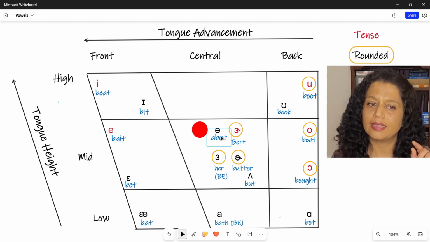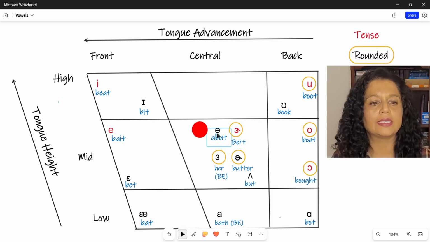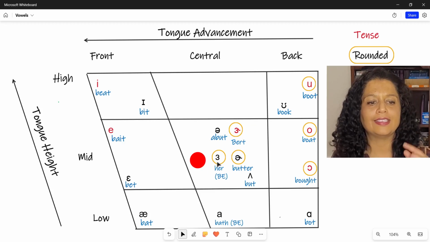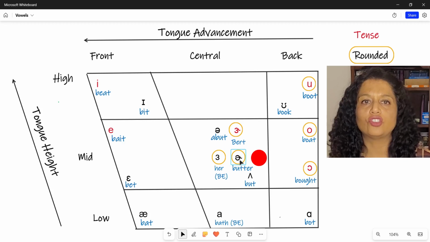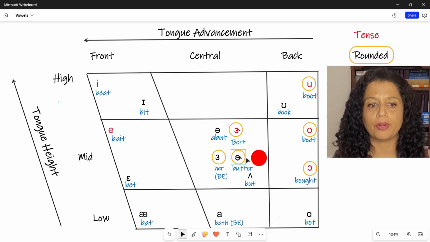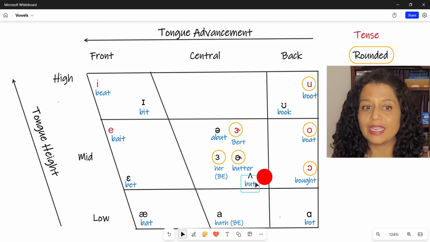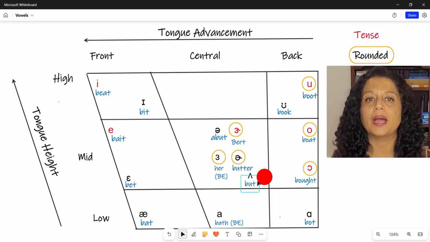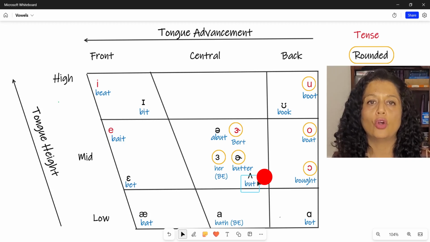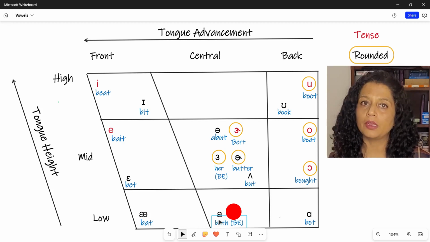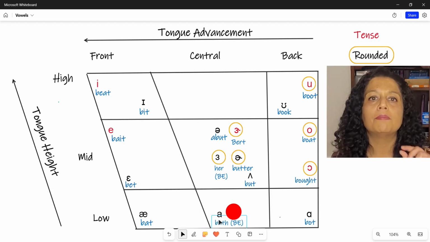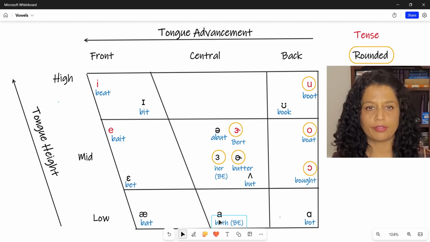Okay, abut, that first unstressed, this is the one without the R, and this is the unstressed butter, butter. This is the stressed sound, but, mutt, rut. And this here is typically in British English, bath, path.